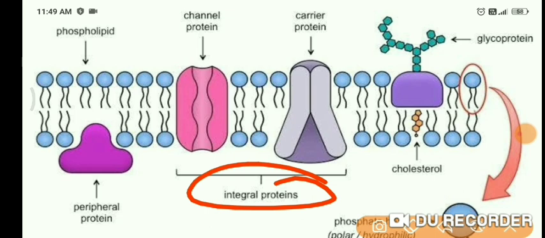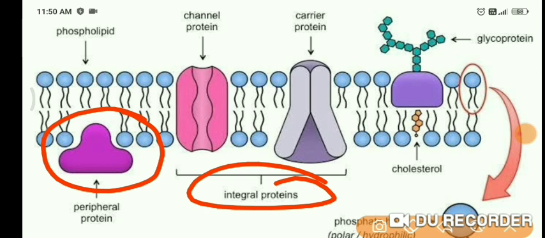The protein which is to its external part, such as this one, is known as peripheral protein or extrinsic protein. Okay, the function of both the proteins, extrinsic as well as intrinsic, is to help in transport of ions and molecules. Is that clear?